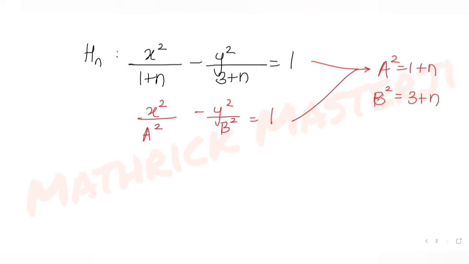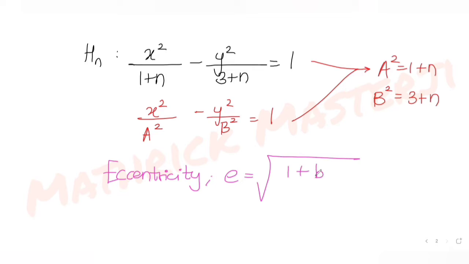Once I have a square and b square, I can figure out the eccentricity of this hyperbola. The eccentricity e is given by the square root of 1 plus b square over a square. Putting in the values, that gives the root of 1 plus (3 plus n) over (1 plus n).